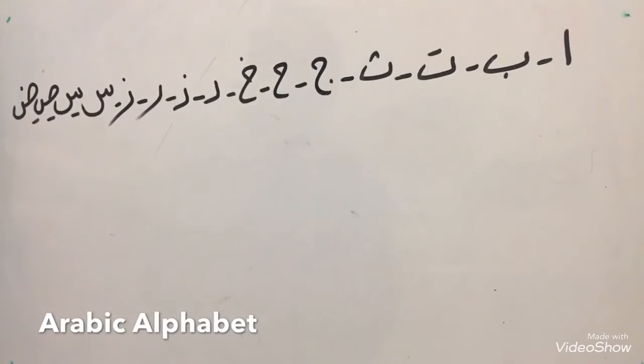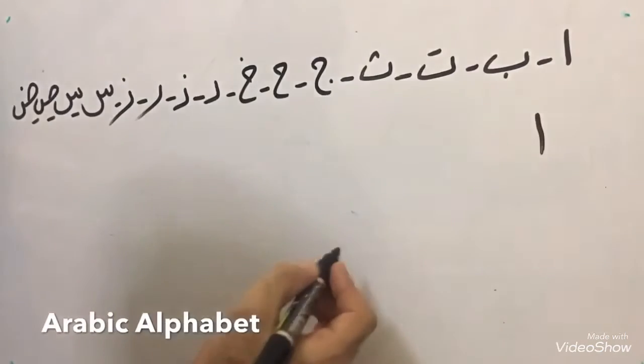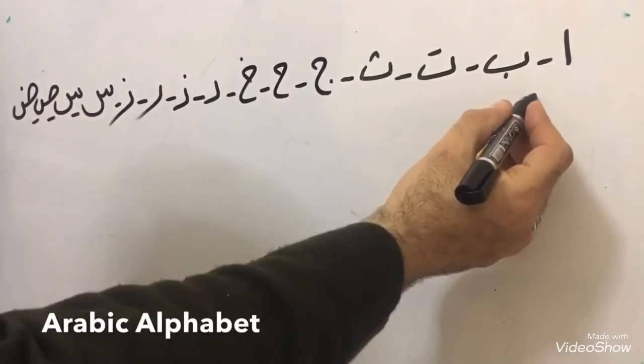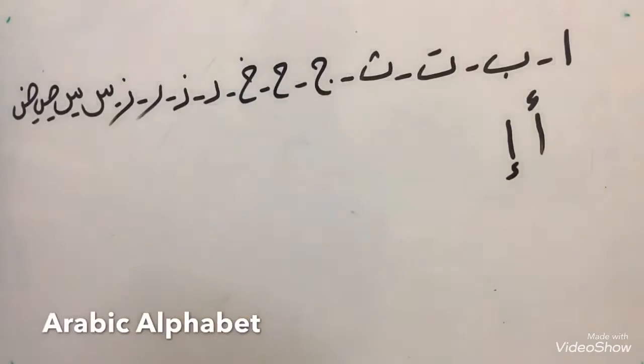And we have seen how we can write each letter separately and inside words. If we want to talk about how to write each letter, we can say, for example, Alif might be at the beginning of the word, so it is like this. Sometimes with Hamza over or Hamza under, or without Hamza.